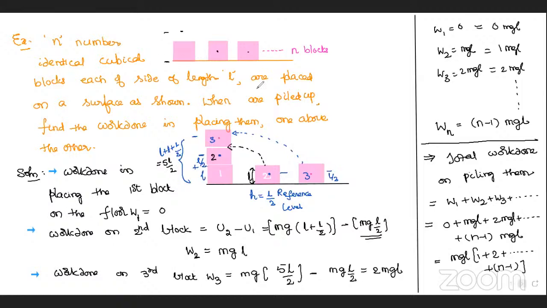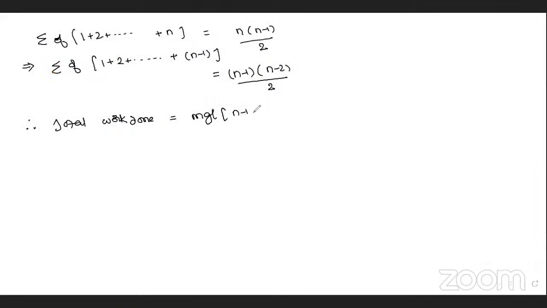This sum is (n minus 1) into (n minus 2) by 2. This is the final answer now. Finally, we got the answer for it.